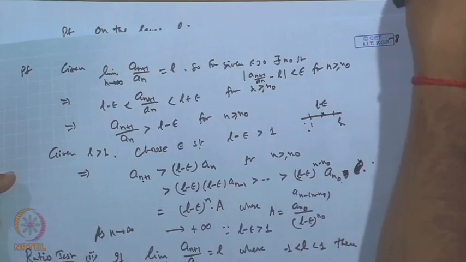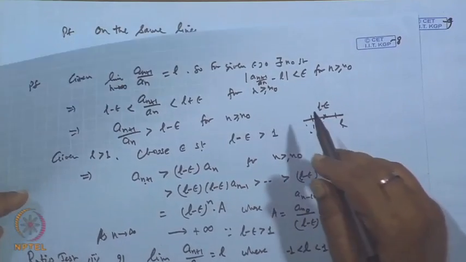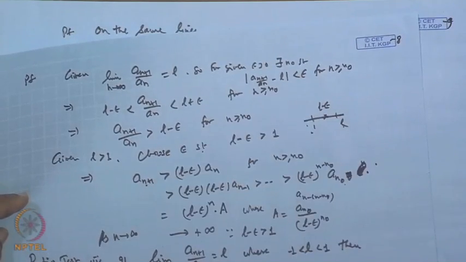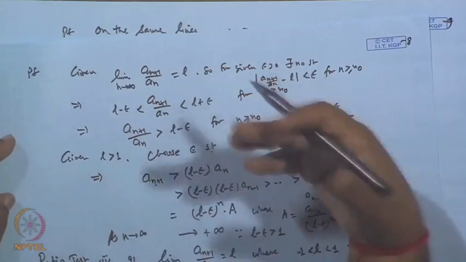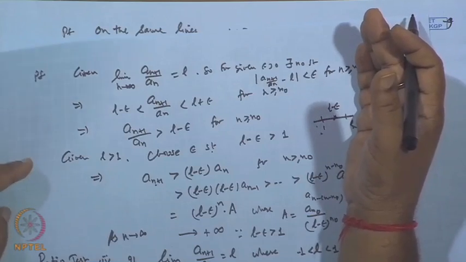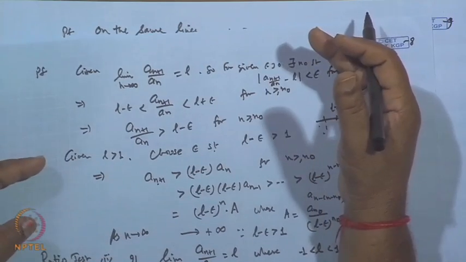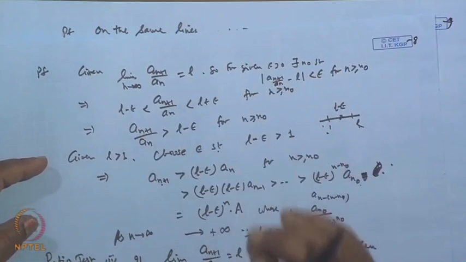Okay. Now, if the terms are negative, but they have the same sign, then I can remove the sign and get the results. But if the terms are alternately positive and negative, then in that case we have to see other results, because this result is not true for such terms. Okay. Ratio test is always applicable when the sequence has the same sign.